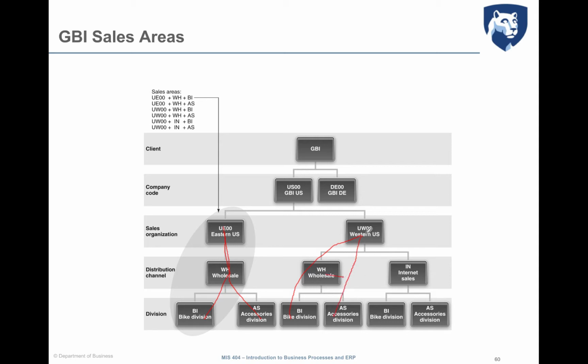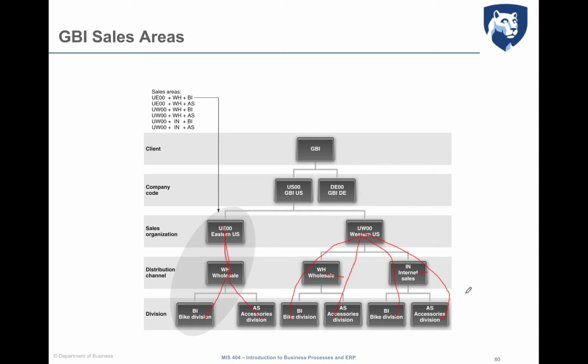The fifth is Western selling bike through internet. And the final one, the sixth, is Western selling accessories through e-commerce. So these are the 6 sales areas that characterize GBI in the company GBI in US.